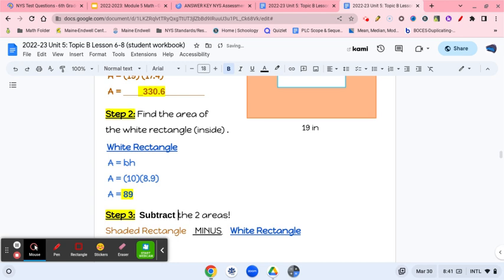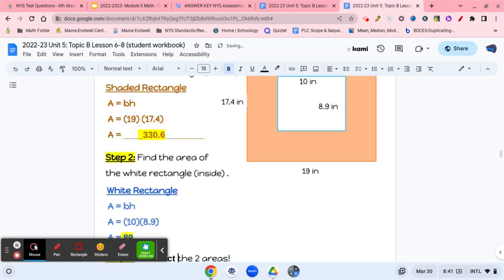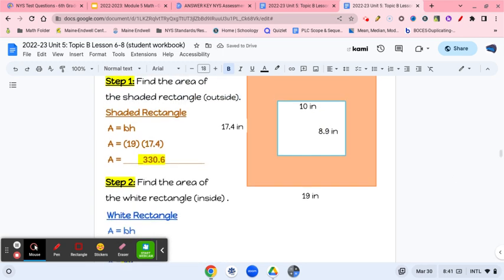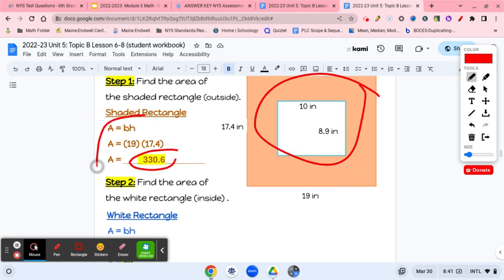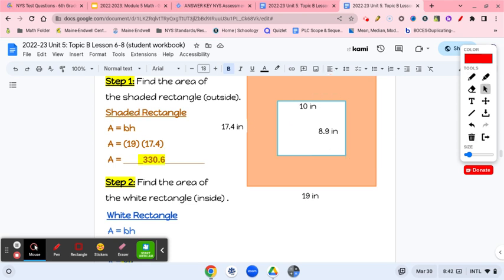You subtract the two areas. You find the area of the whole thing, which we did. Here's my formula: the whole thing minus the area of this guy. So area of the outside minus the area of the inside. Okay?